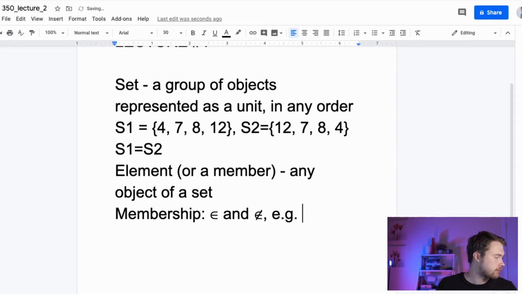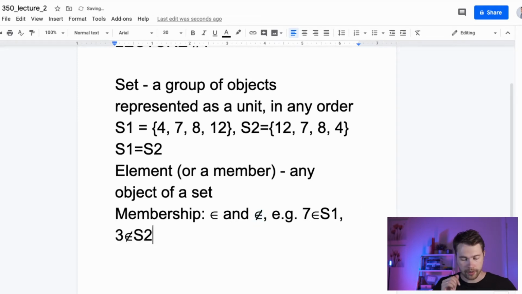For example, I will say 7 belongs to S1. That means 7 as a number is contained within S1, or 7 is one of the members of the set S1. And for example, I can say that 3 does not belong to S2. So 3 is not a member of S2. Hope it makes sense. Now let's talk about multiset, or multi-set.